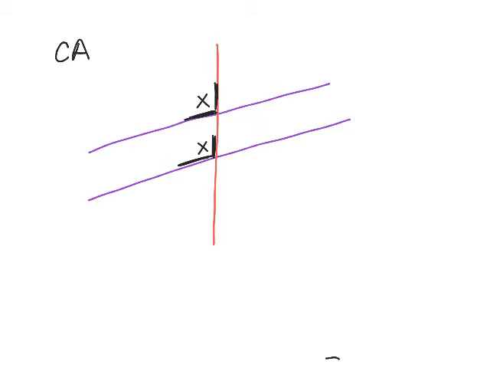All right, I could also have corresponding angles, let's say this and this are corresponding angles. Notice that they're on the same side of the transversal and they're in the same position, the upper right corner of the intersection of those two lines. I could also say that this one here, I'm just going to put a number 2, is also a corresponding angle to that angle there.